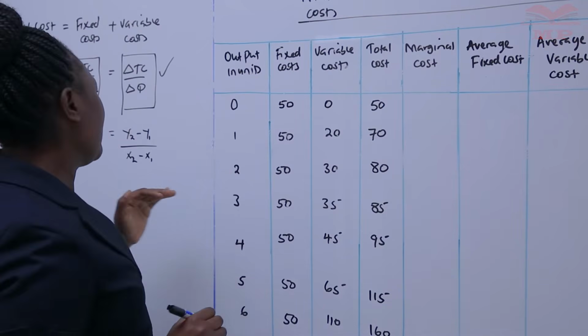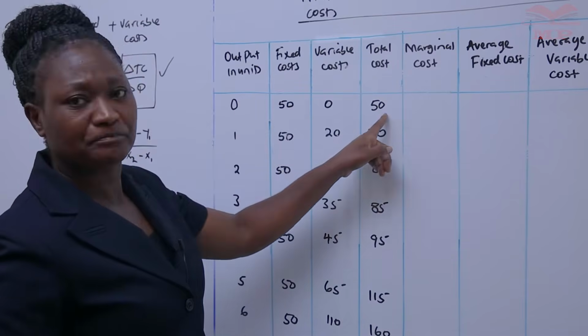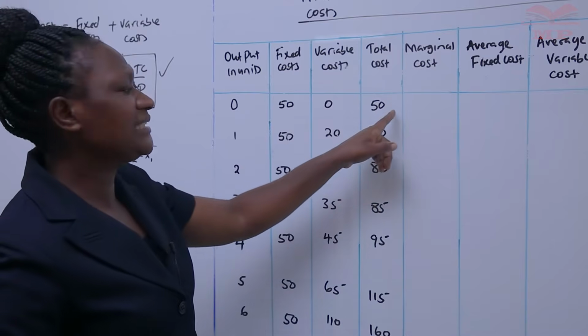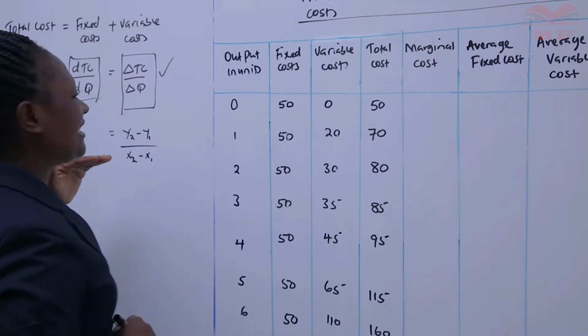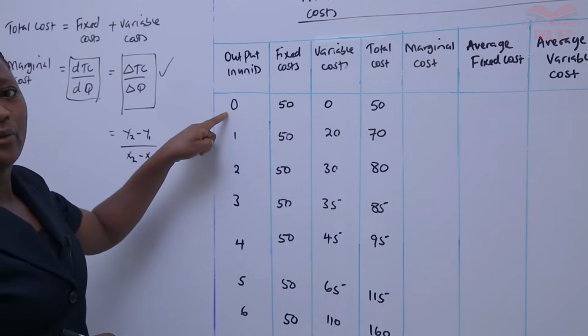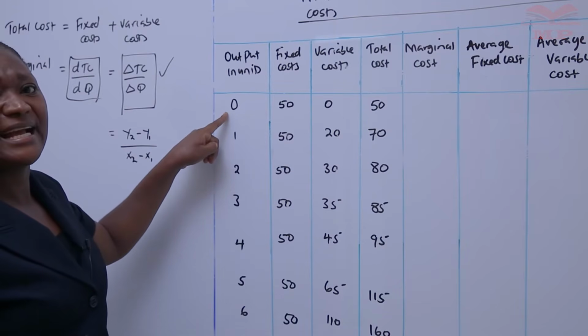So what is our Y2? What is our Y1? At zero output, there was no variable cost incurred, so our total cost is 50. The marginal cost is the change: when you are not producing, no variable cost will be incurred.